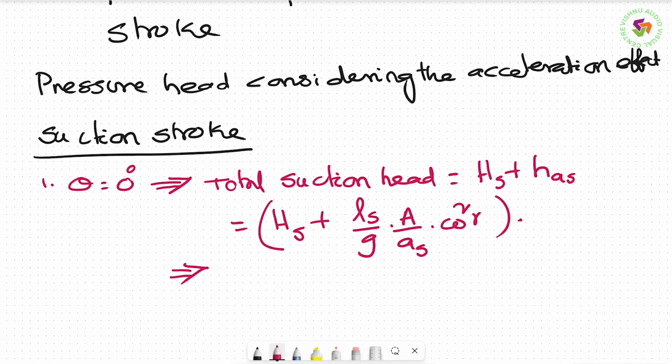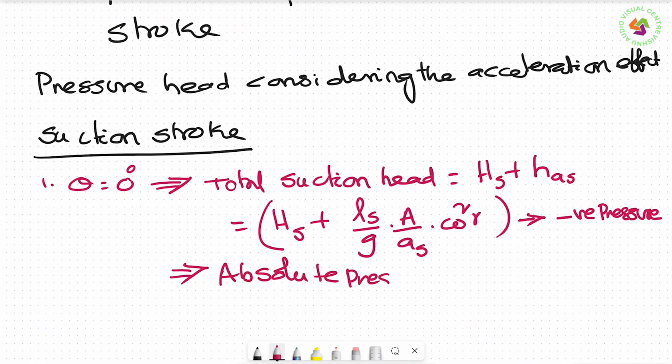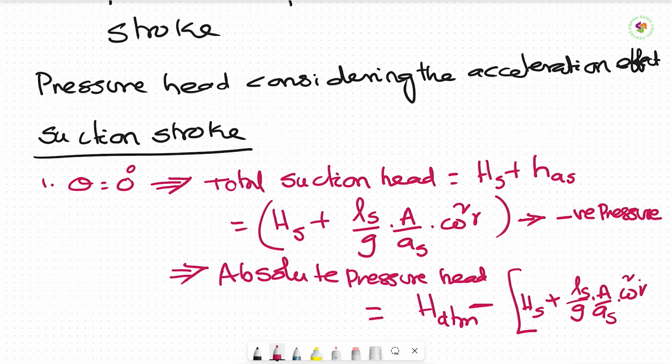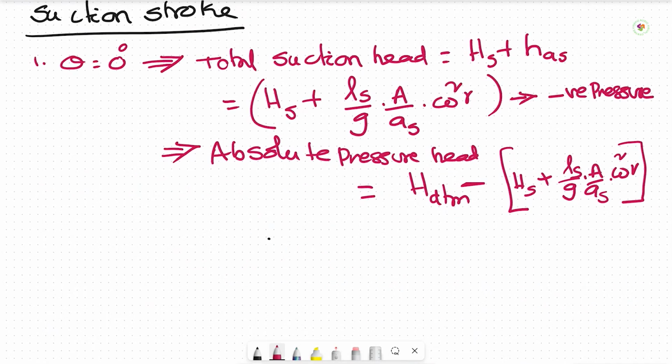This is negative pressure. Absolute pressure head is equal to H atmosphere minus of Hs plus Ls by g, A by As, omega square R. This is very, very important. This is the reason why the maximum speed of a reciprocating pump is controlled by this.